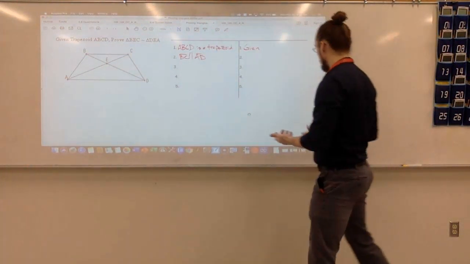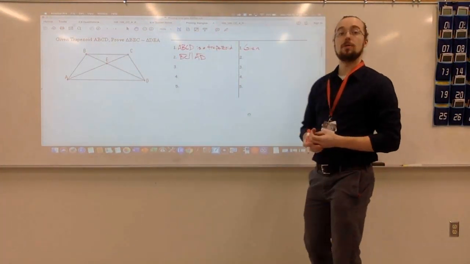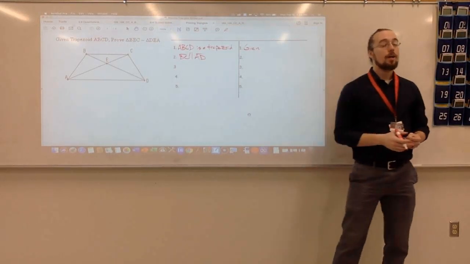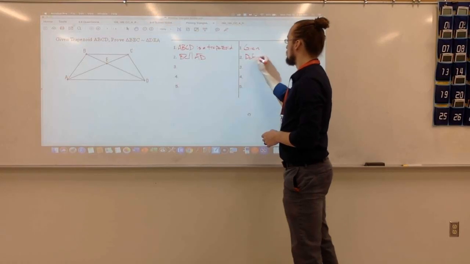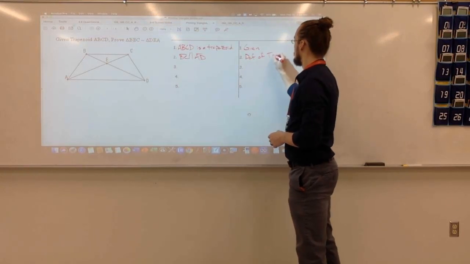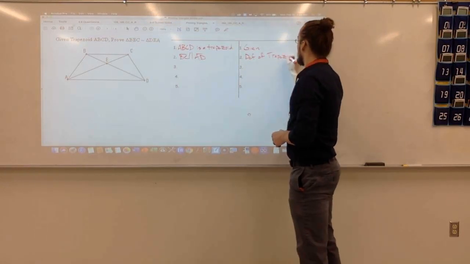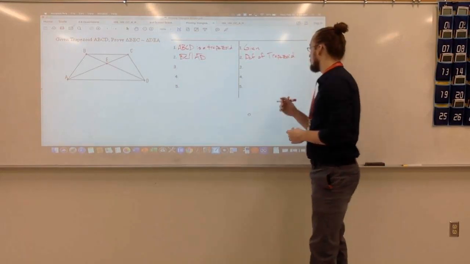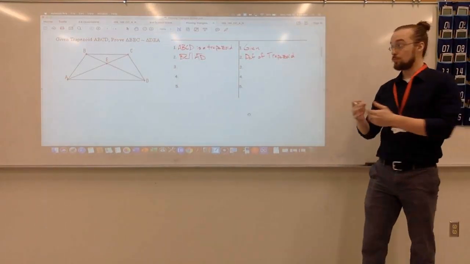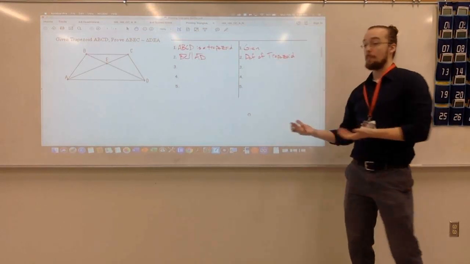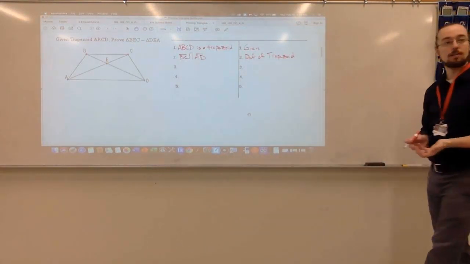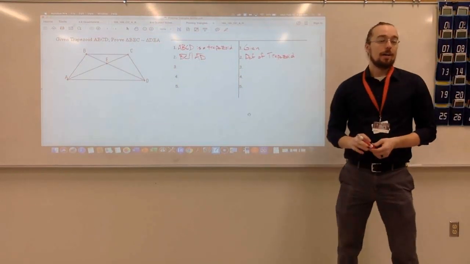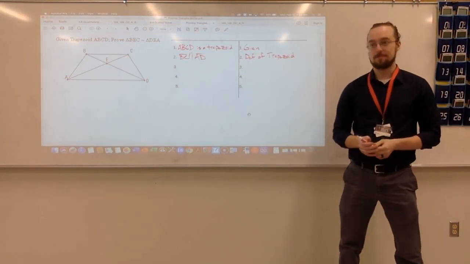And the reason that we can use is the definition of a trapezoid. On a standardized test, you would probably see it written out as a trapezoid has one pair of parallel sides, something like that.